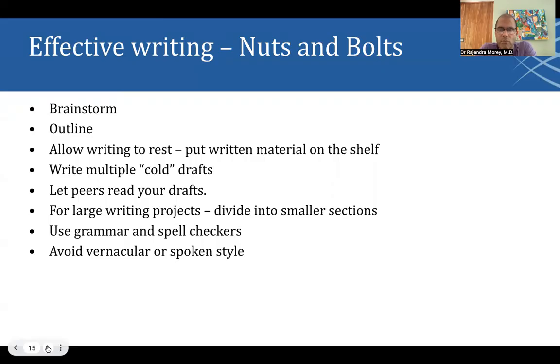That means you write a draft, then put it aside and write another draft right from scratch. Let your peers read your drafts and give you feedback. For large projects, of course, divide your writing project into smaller sections. Use grammar checkers and spell checkers, and avoid vernacular or spoken style in scientific writing.